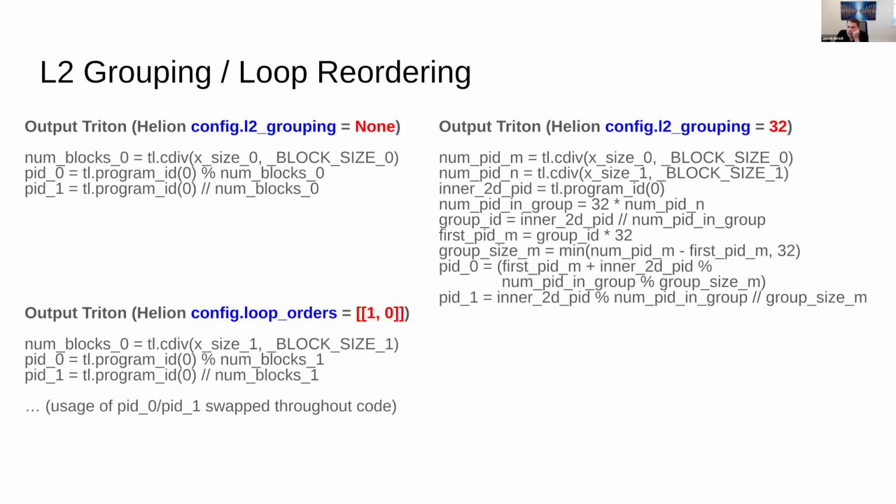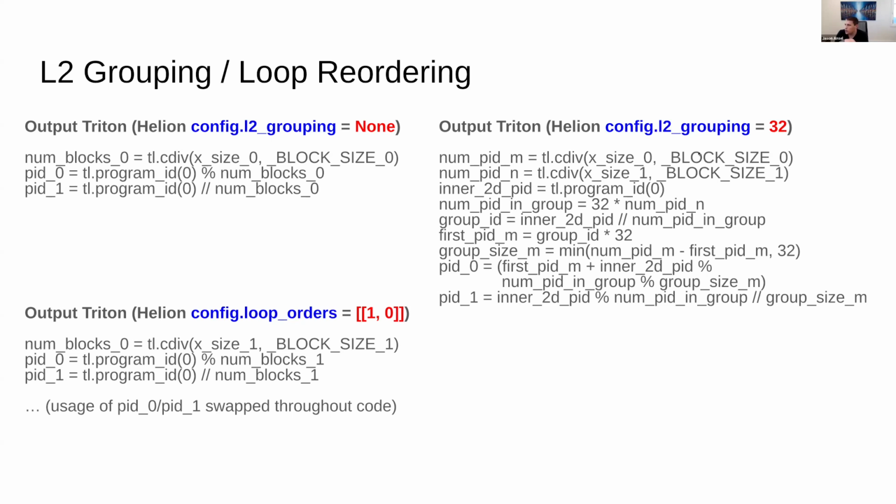So another optimization is L2 grouping and loop reordering. Comparing the top left to the bottom, you can see that you can change loop orders. You can swap loop orders, and swapping works both for PIDs and for loops in the body of the program, which changes iteration orders, and depending on how your data is laid out, different iteration orders can be better.